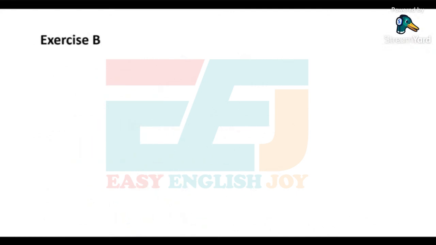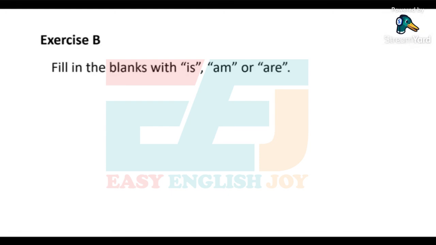This is a follow-up exercise on the use of to be, going to, plus verb. There are 5 questions for you to answer, and you have 5 seconds before I'm gonna give the correct answer. Alright? So let's start. Fill in the blanks with is, am, or are.